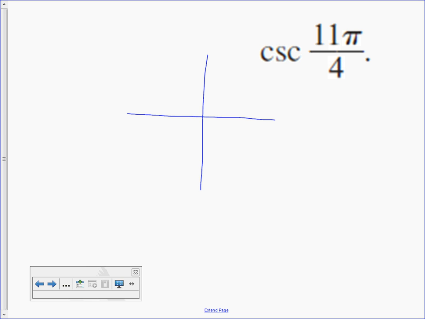Or how about this? How many times 4 go into 11? 2 and 3/4. So that's 2 and 3/4 pi. 3/4 pi is in what quadrant? First or second? Because that's half the pi, so it's over here.